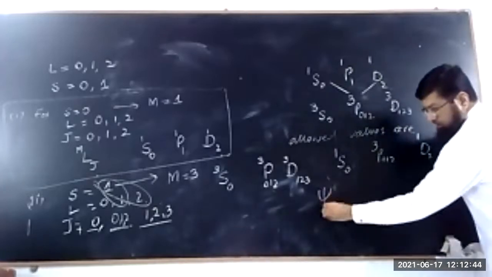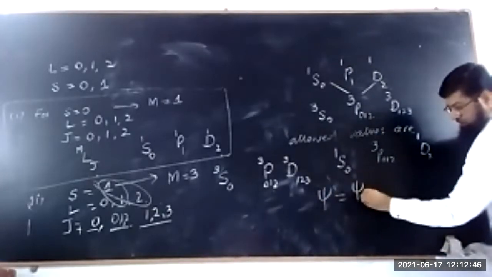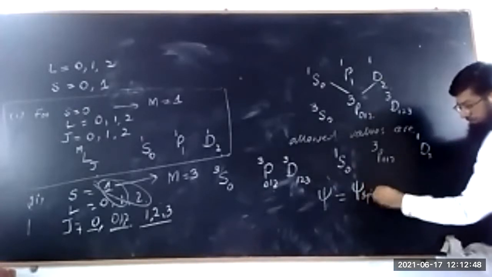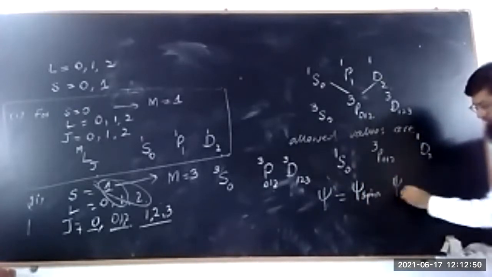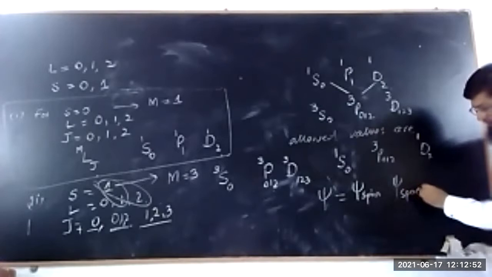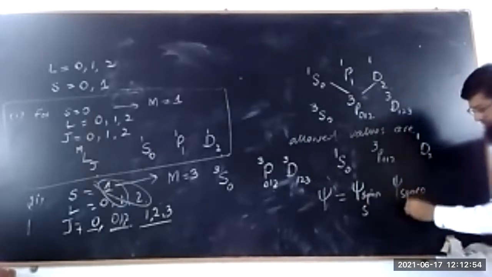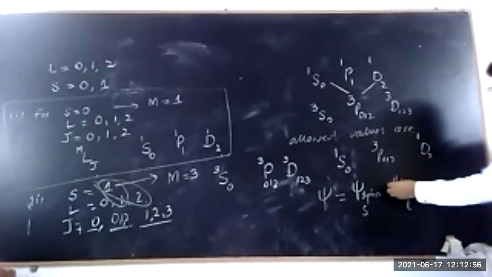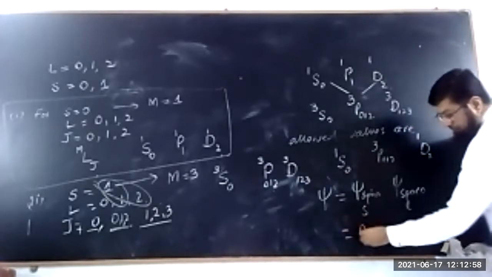The total wave function psi is the wave function of spin times the wave function of space, which we call L. This total wave function must be anti-symmetric.